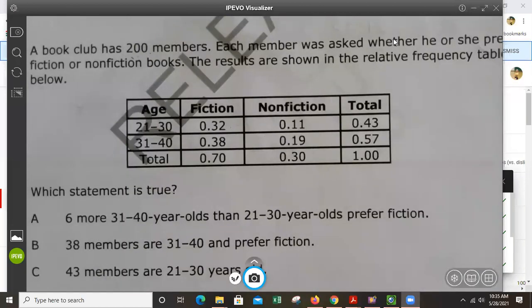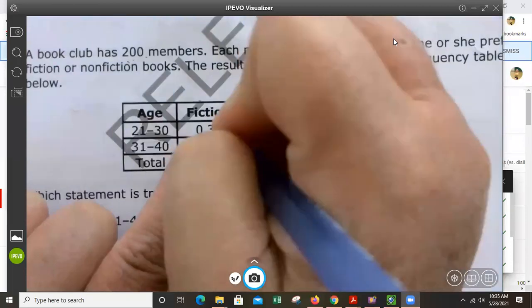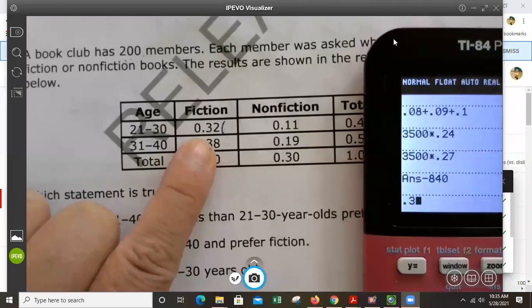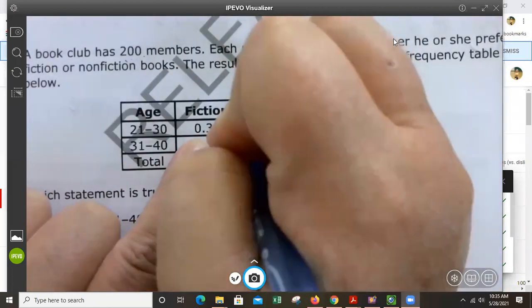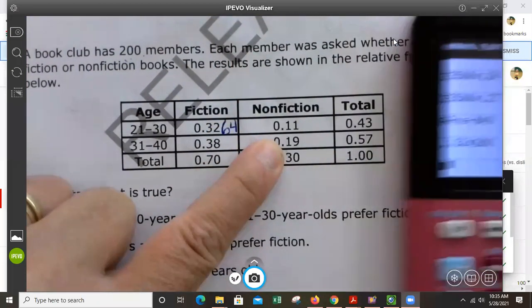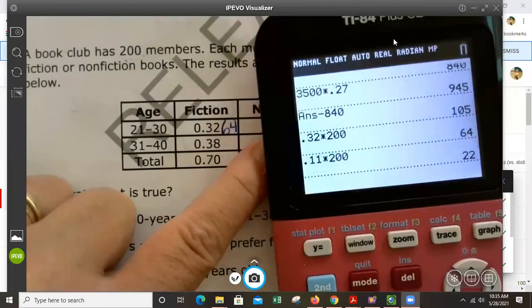All right. So let's find 32% of 200. So you go ahead and do 0.32 times 200. That gives us 64. And if we do 0.11 times 200, what do y'all get? 22.